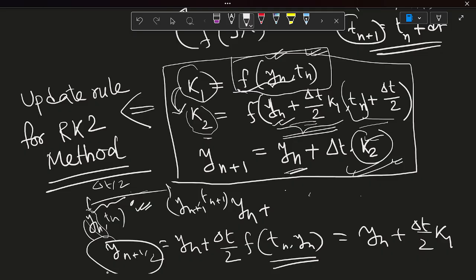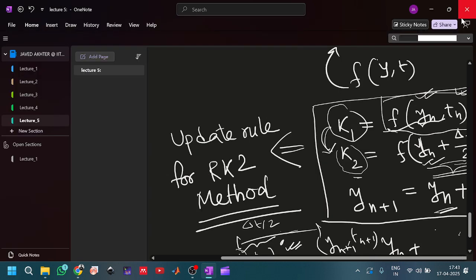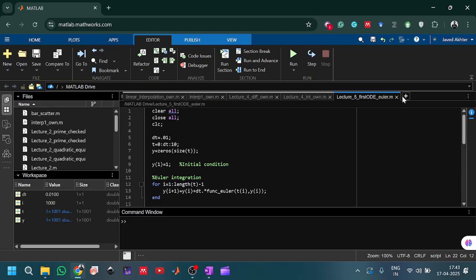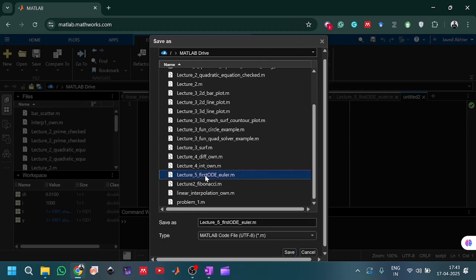Let me show you how to do this in MATLAB. Let me first set the script: lecture 5 fast ODE, and this is RK2.